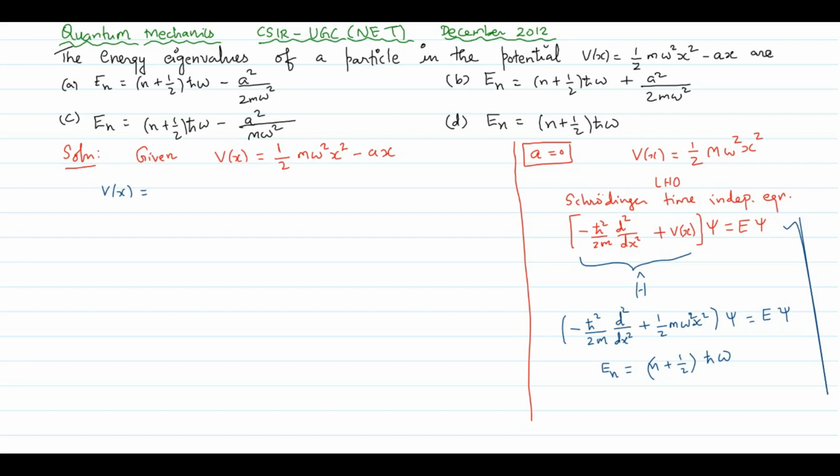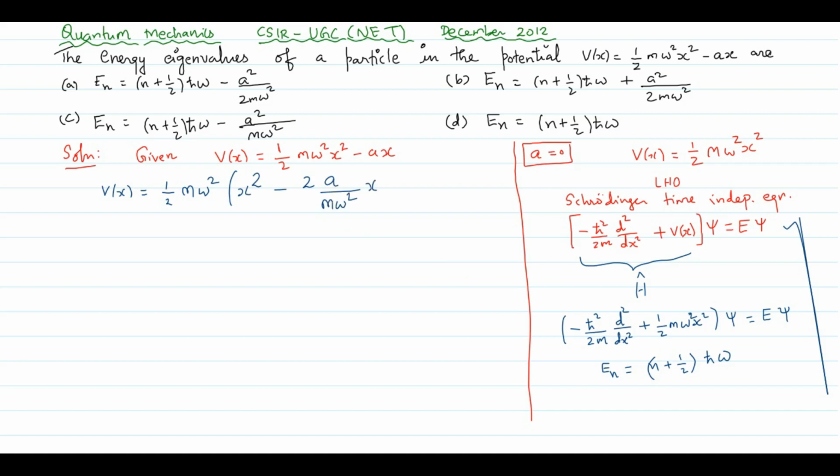So half m omega square into x square minus, since half is in the denominator, I will take it to the numerator, so a is there, by m omega square in the numerator, so I will take it into the denominator, x.